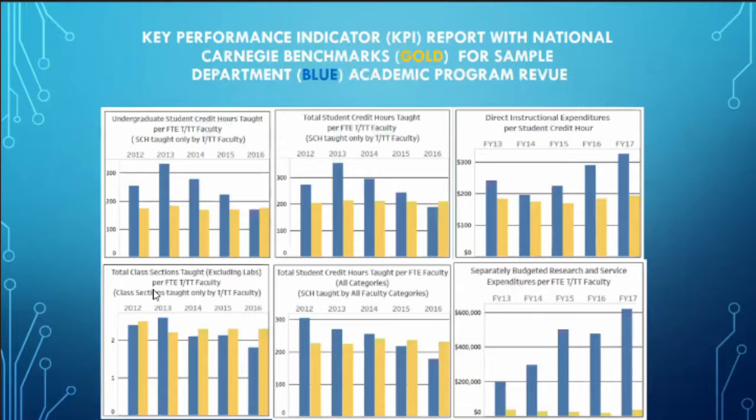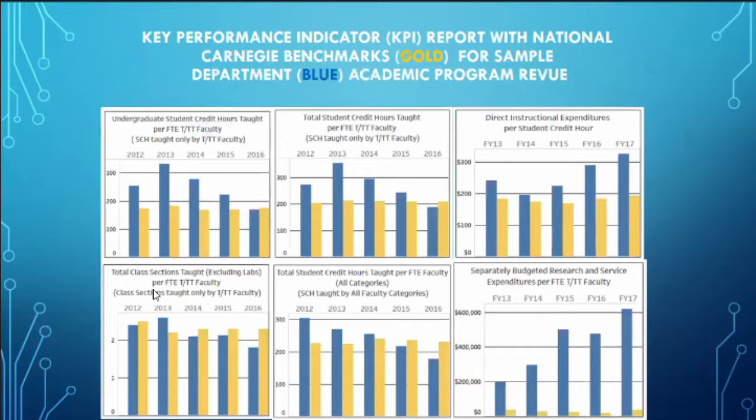We picked these key performance indicators because it focuses on the undergraduate teaching by tenured faculty in the upper left chart, and then places that in the context of the total student credit hours. So that would include undergraduate and graduate instruction. And then on the far right is the instructional cost per student credit hour.